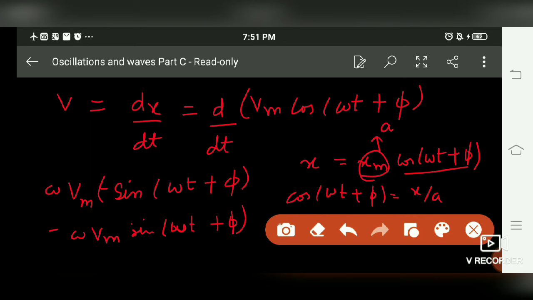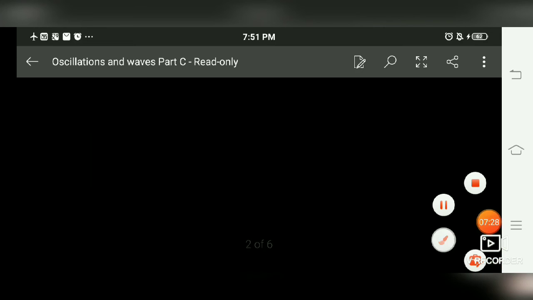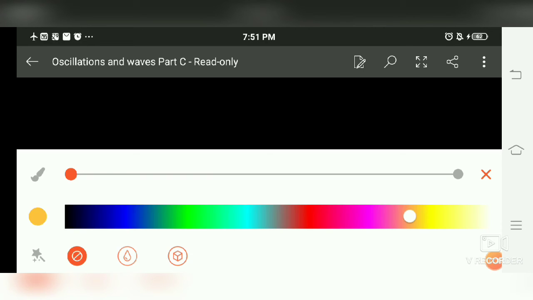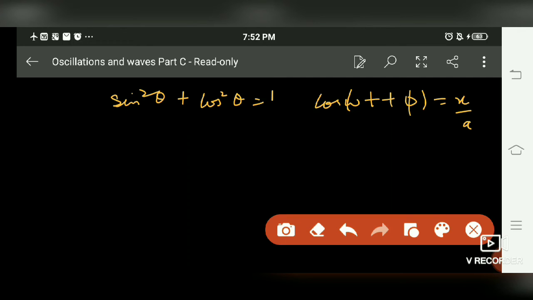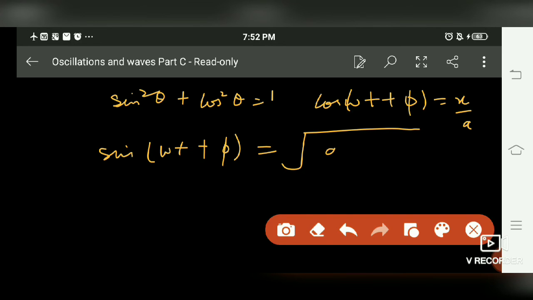If I find the sine by using the formula sin square theta plus cos square theta equals 1, as I get cos(omega t plus phi) equals x by a, we get sine(omega t plus phi) equals under root of a square minus x square upon a. Instead of x m, I am using a here.